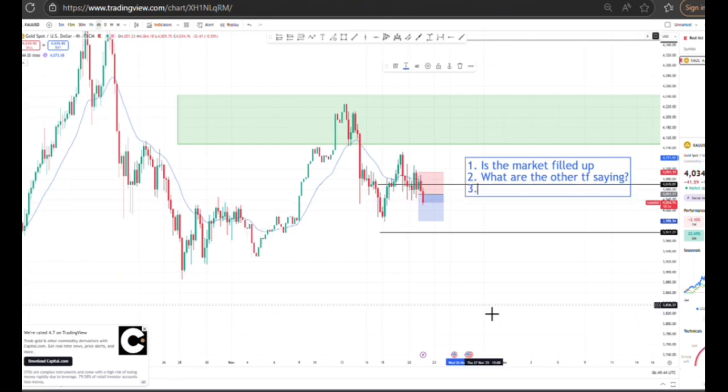Number three, what is the sentiment of the market?